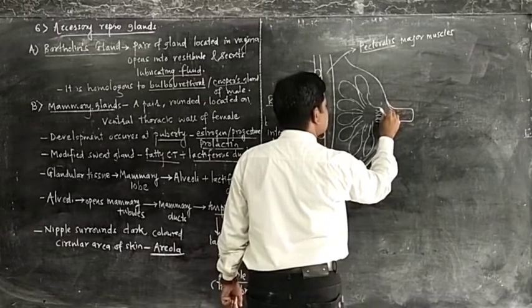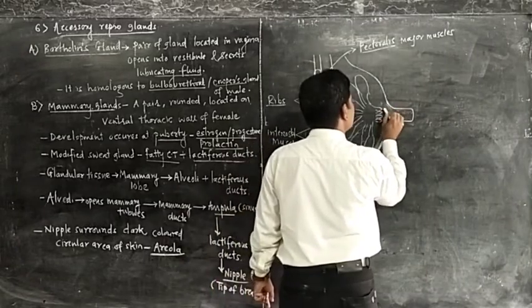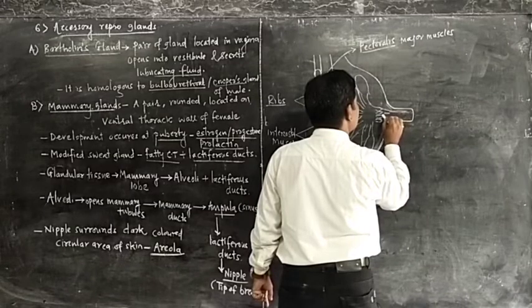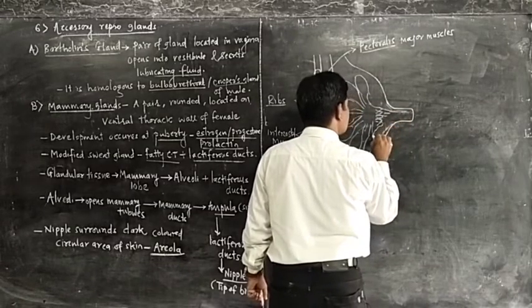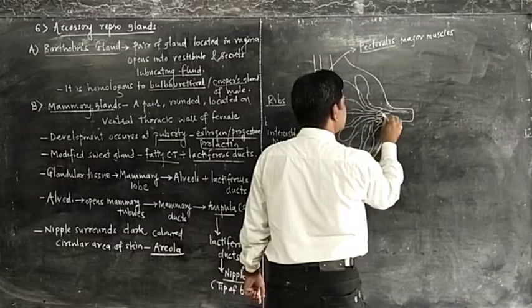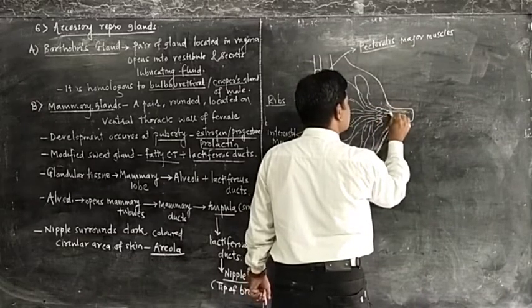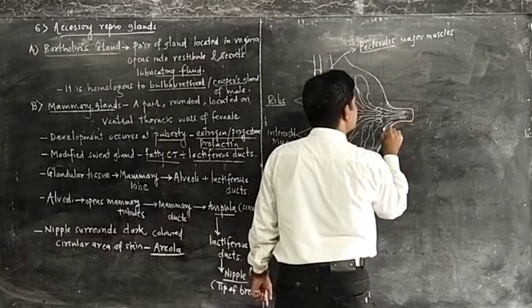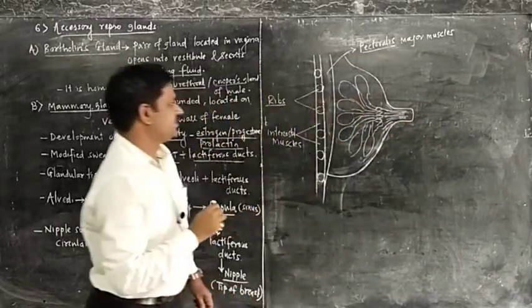All the sinuses open into... sinuses mean the swollen part. Mammary tubules open into sinuses, and all the sinuses open into lactiferous ducts. All the lactiferous ducts open into the nipple.